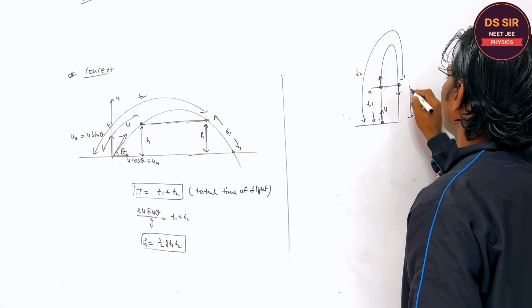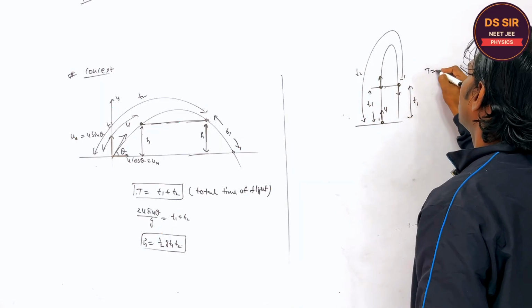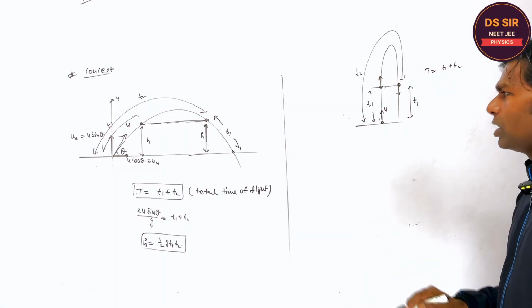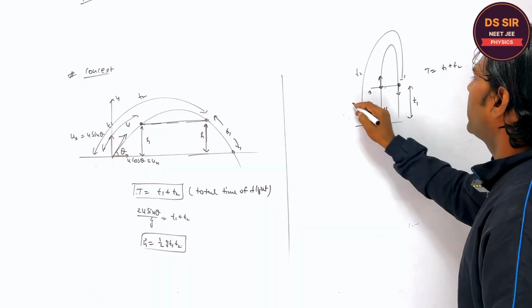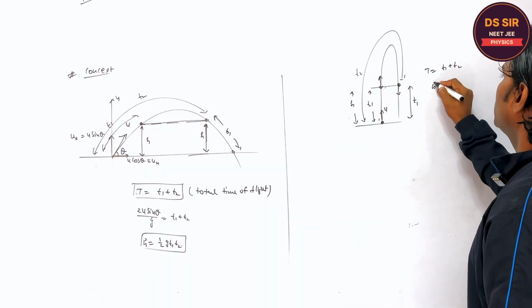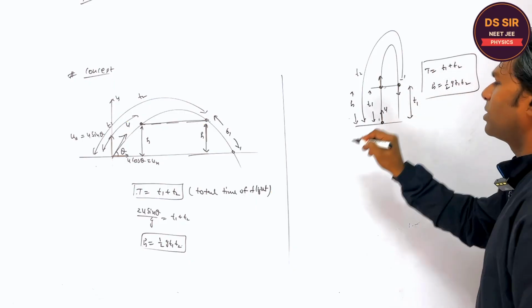So this time is also t1. So what is the total time of flight? Say t1 plus t2. Is it clear or not? And what is the height, the position of this point? The height is 1 by 2 g t1 into t2. This is the formula, right?